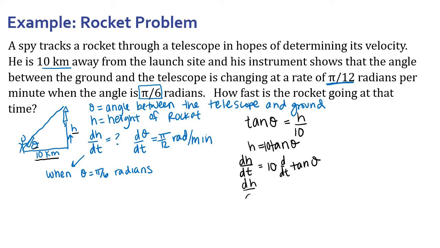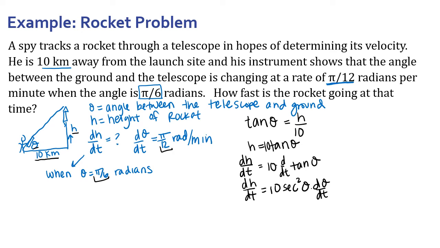We're going to have to use the chain rule here. The derivative of the tangent function is the secant squared function, with respect to theta. And then we still have to do the derivative of theta using that chain rule, because theta is a function of time.